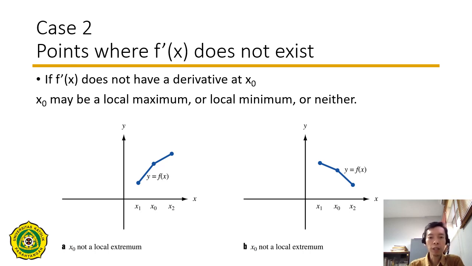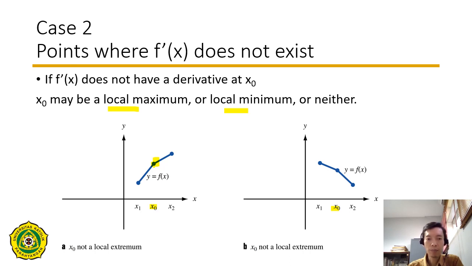Here we check the points where the first derivative of the function does not exist. If at a point the first derivative does not exist, then that point may be a local maximum, local minimum, or neither of them. If they are local maximum or local minimum, same as before, we keep them as the extremum candidates. These 2 examples show a function where at a point x0 the first derivative does not exist, but this point is not a local extremum, right?